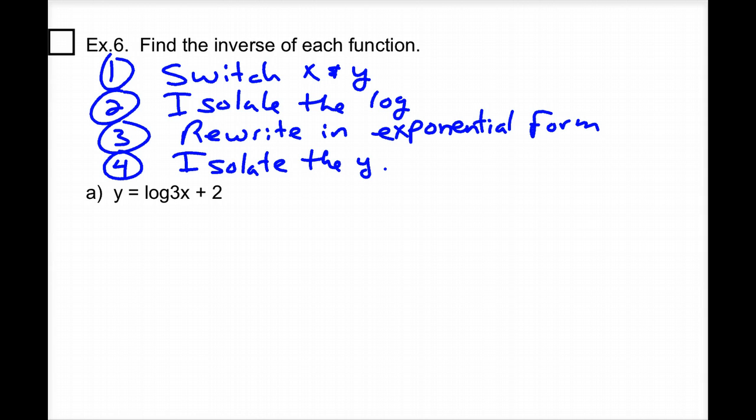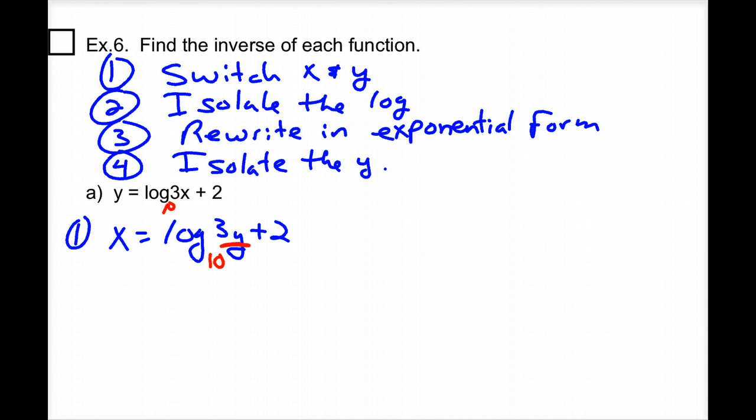The first one, switch x and y. Then I'm going to isolate the log. Now you need to understand that the log consists of a base and then something right next to it. This log has a base of 10. Remember when there's nothing down there, it's a 10. And the something next to it is a 3y. It's not the 2.